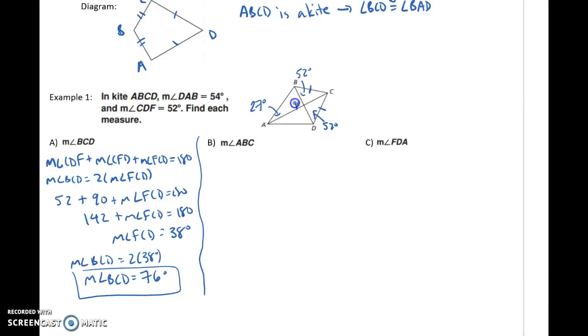And we always know that the diagonals are perpendicular, so I can once again use my triangle angle sum theorem to find this missing angle, angle ABF. And again, this is just one approach to the problem. You can do this in a different way if you like as well. So I'm going to go ahead and find the measure of angle ABF. So 27 plus 90 plus the measure of angle ABF should add up to 180.